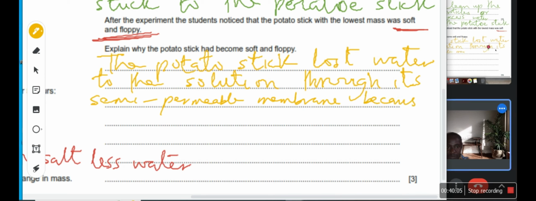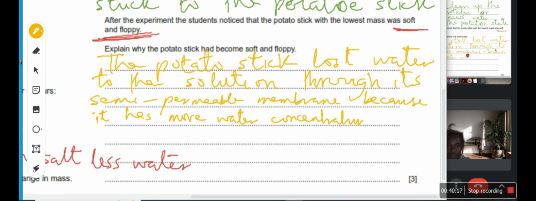Because it has more water concentration than the solution. So something like this can pass for that explanation. Okay?